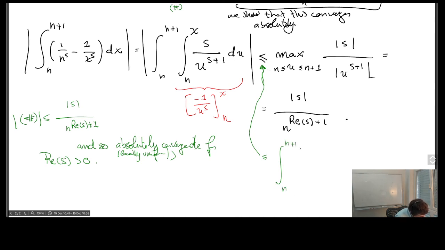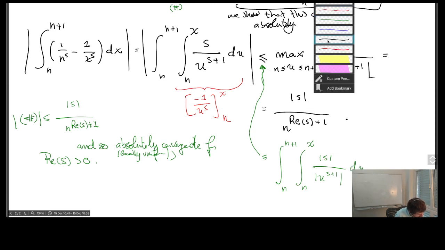N to n plus 1, dx. Now, I can certainly put the max here, but let me do one step at a time. I'm missing a dx here, of course.